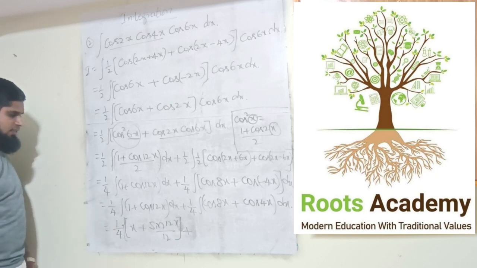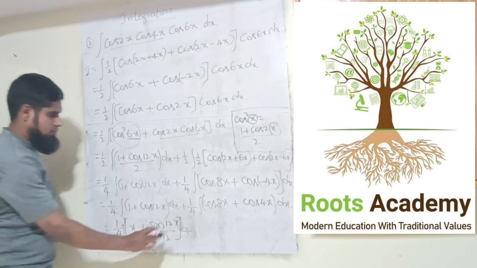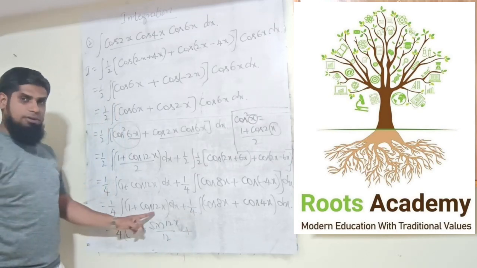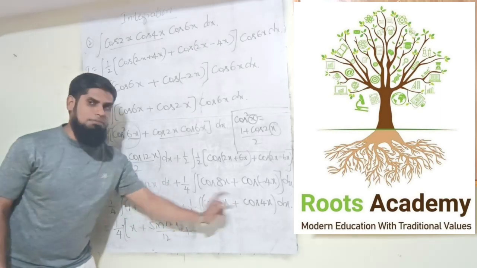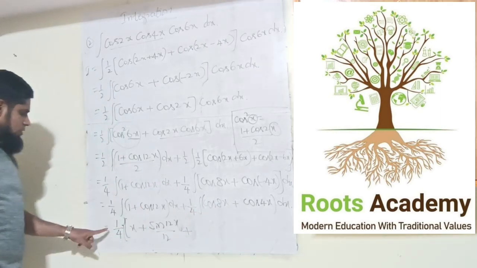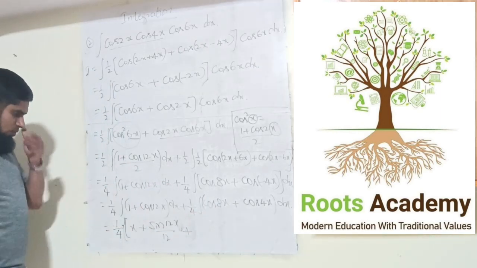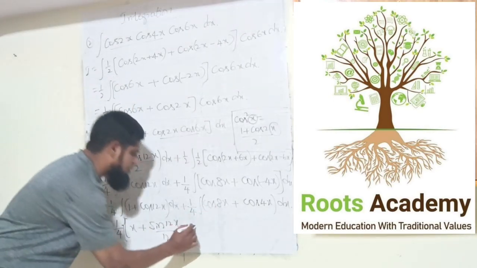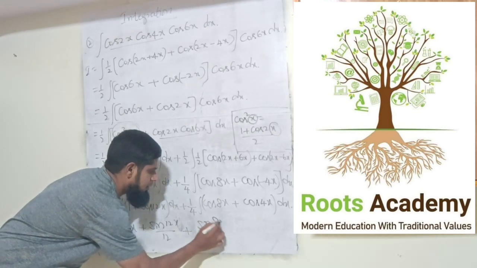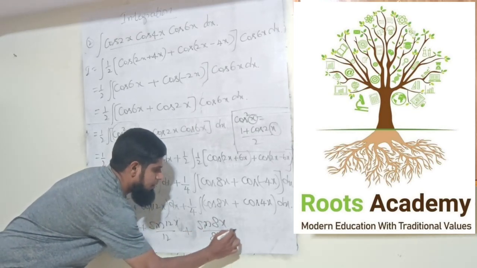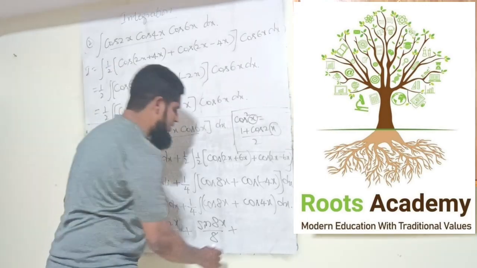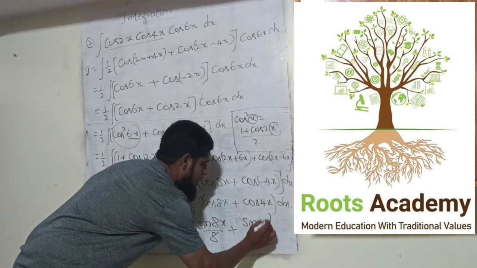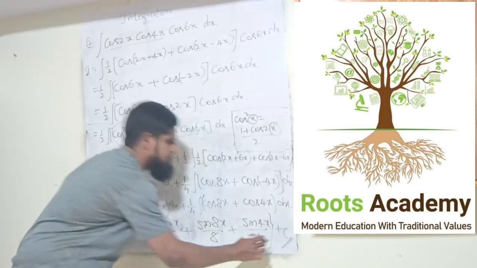If I take common, I will get like this, so I remove these brackets. I am continuously integrating these four terms. I have taken 1 by 4 outside. Then cos 8x: what is the integration of cos 8x? It is sine 8x by 8, plus cos 4x, the integration is sine 4x by 4, plus c is the answer.